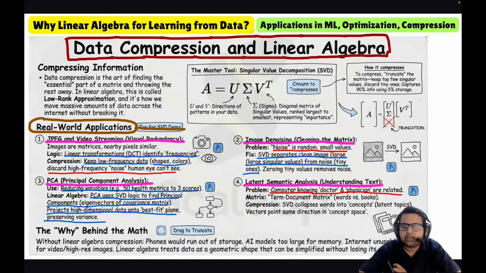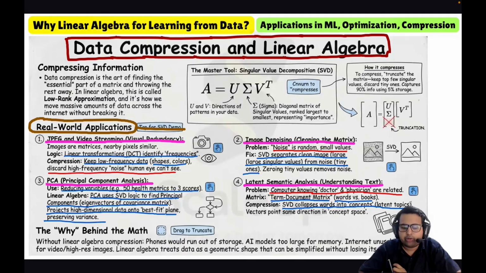So we create a term document matrix where rows are words and columns are books. By applying the singular value decomposition to this matrix, we collapse thousands of words into a few concepts. We call them the latent topics.